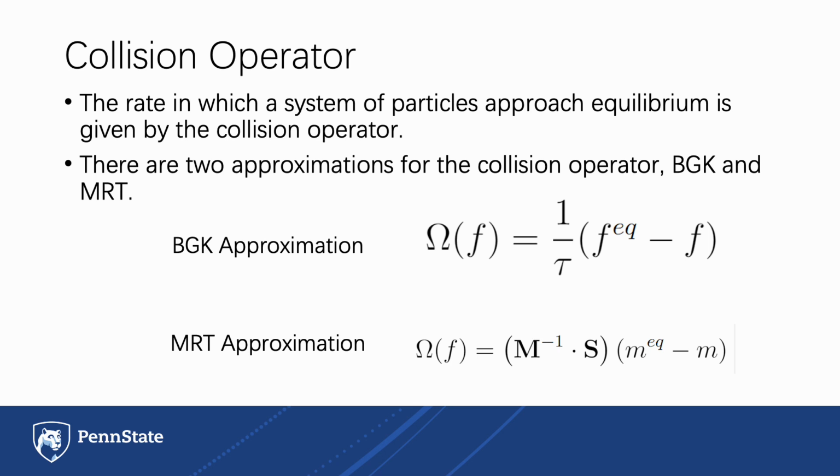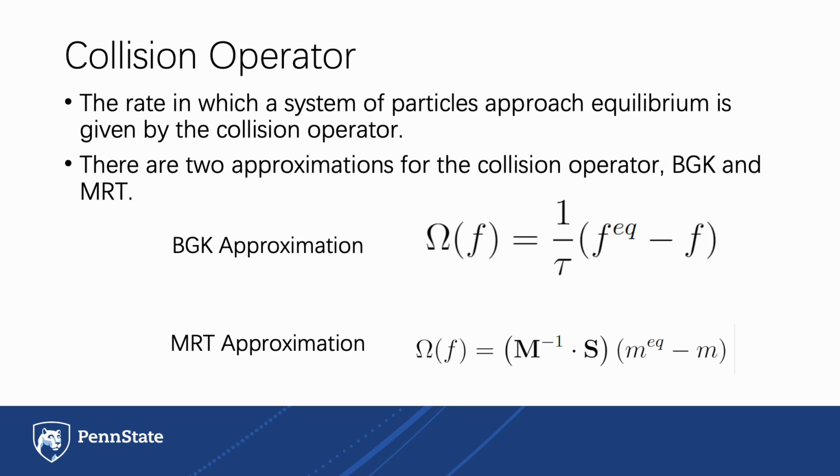So the process of collision between molecules is a process of exchanging energy, and it's the way in which this system is going to approach equilibrium by transferring energy to other molecules. This operator is difficult to describe, but there are two approximations for it.